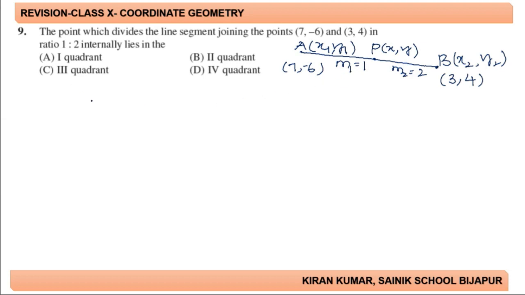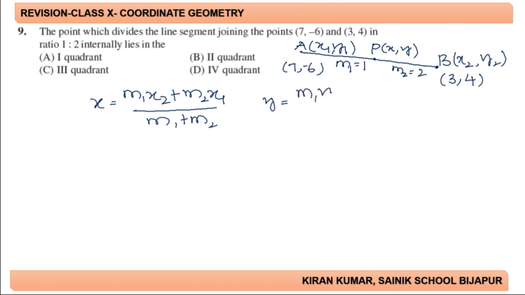We have learned by the section formula that the coordinate of x is given by (m1 x2 plus m2 x1) divided by (m1 plus m2), and the coordinate of y is given by (m1 y2 plus m2 y1) divided by (m1 plus m2).